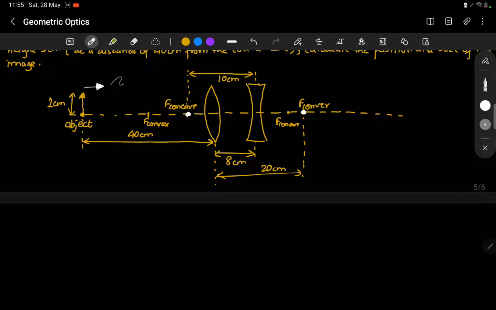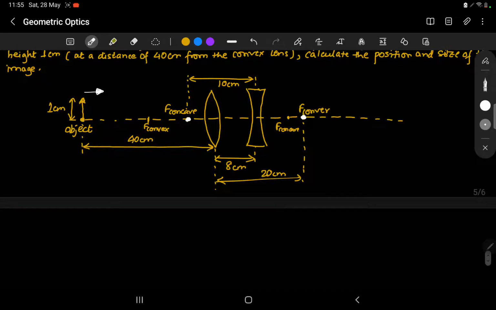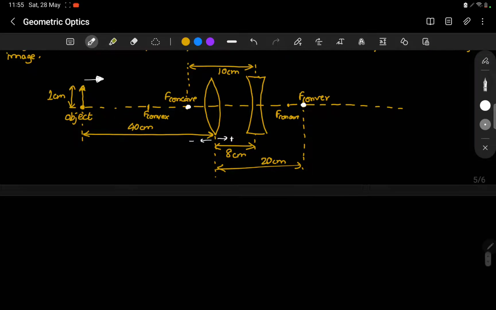The rays start from here and they meet the convex lens first. According to the sign convention, the rays are moving in this direction, so this direction is positive, this direction is negative. The rays encounter first the convex lens, then they will encounter the concave lens, and then the image will be formed somewhere.